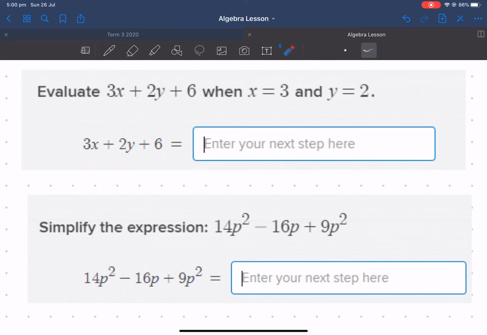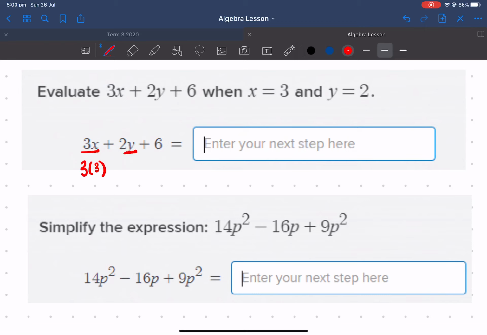So if I do that, what you've got to think about is this is like saying here 3 lots of x or 3 x's. So in other words, it's 3 times 3.